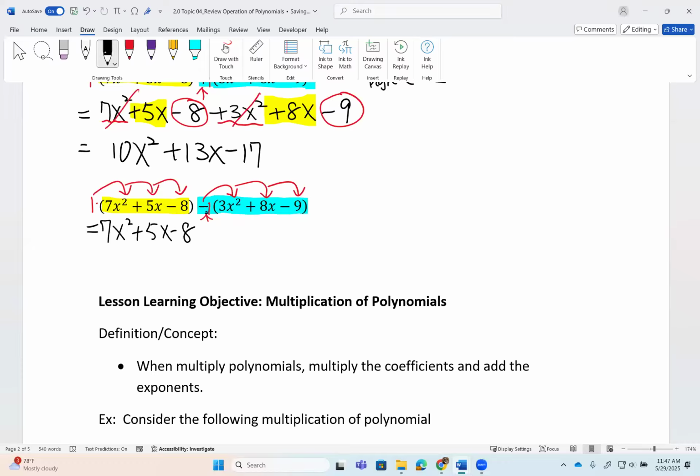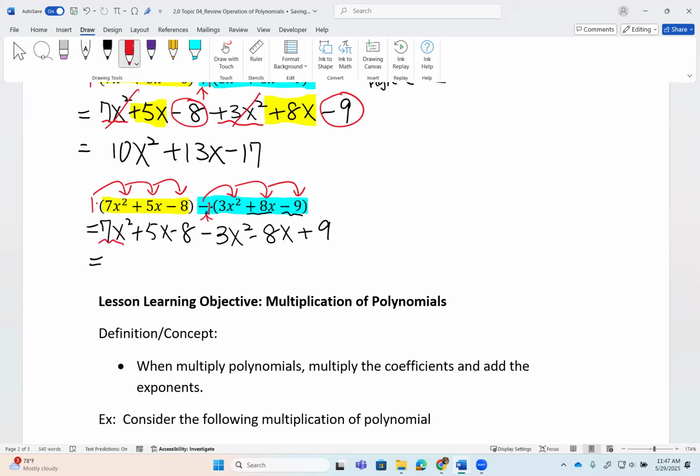Okay, second term in blue, -1 does a distribution. -1 times 3x squared, -3x squared. -1 times positive ax, -ax. And -1 times -9 should be +9. So once again, the degree is 2.